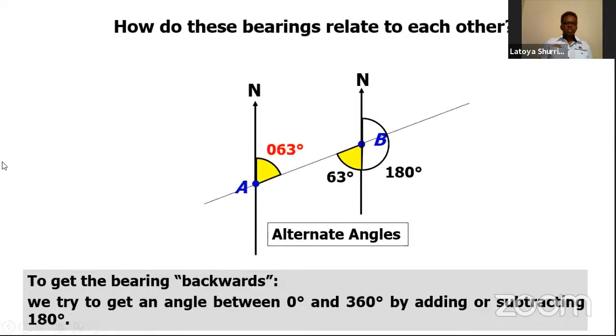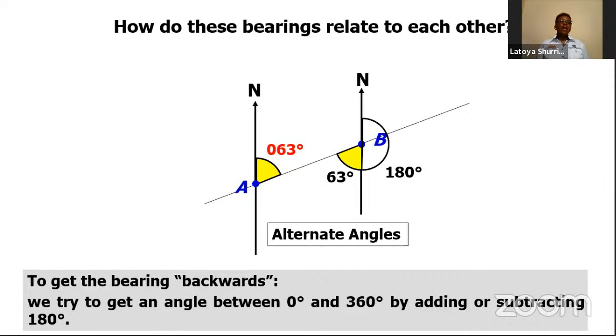All right, so to get the bearing backwards, meaning you went somewhere and you're going back, we try to get an angle between 0 degrees and 360 degrees by adding or subtracting 180 degrees.